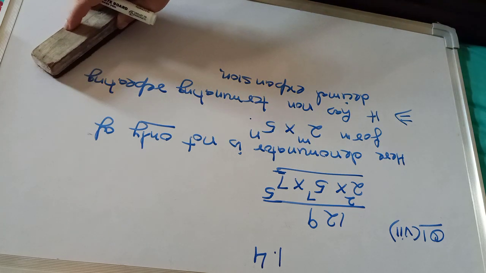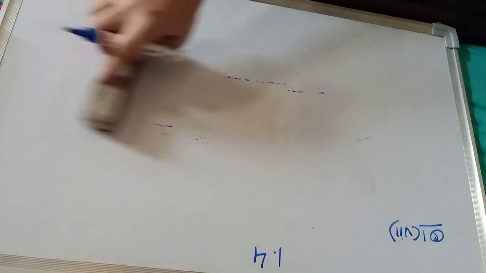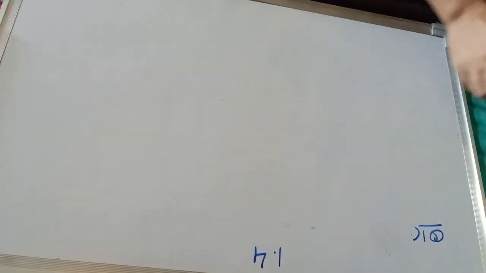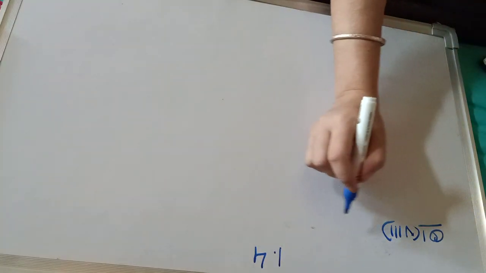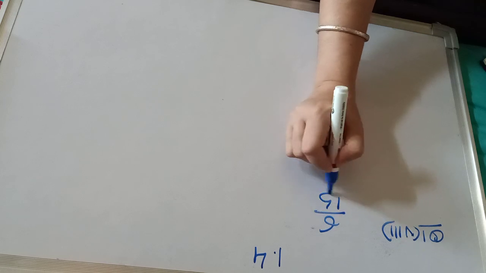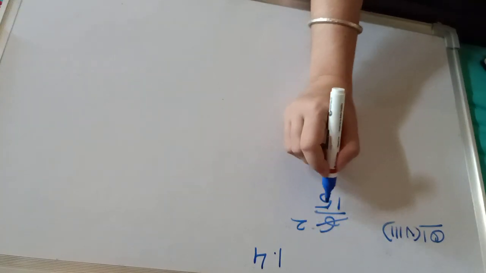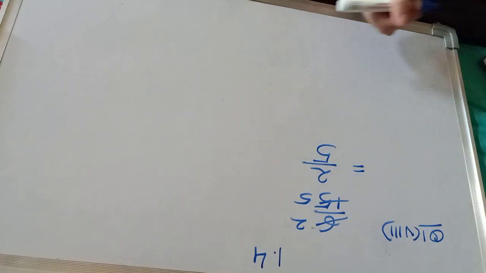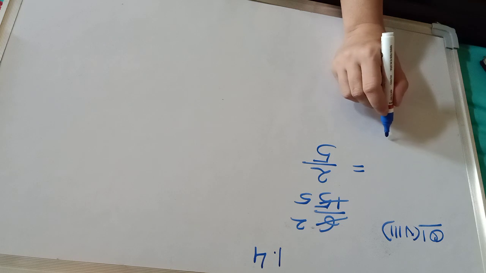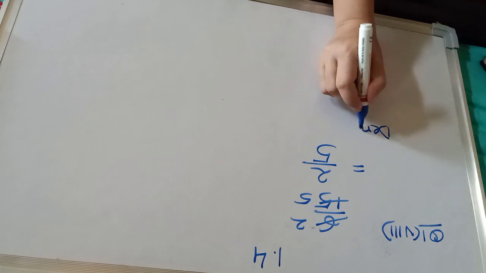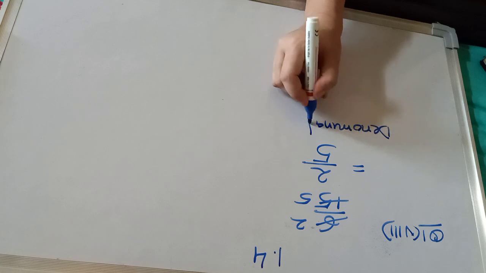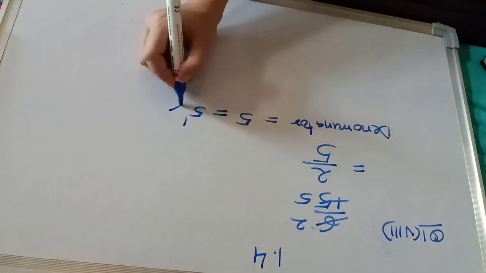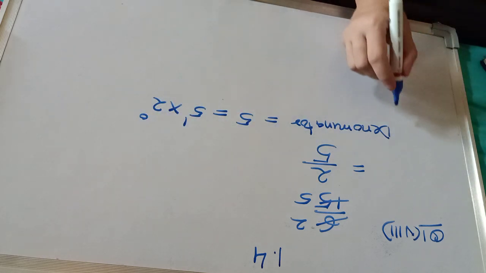Then come to your next part. Your next part is 6 upon 15. So 3 2s are 6, 3 5s are 15. Means it can be written as 2 by 5. Both are co-prime. And what about the denominator? Denominator is 5. Means 5 can be written as 5 raised to power 1 into 2 raised to power 0.